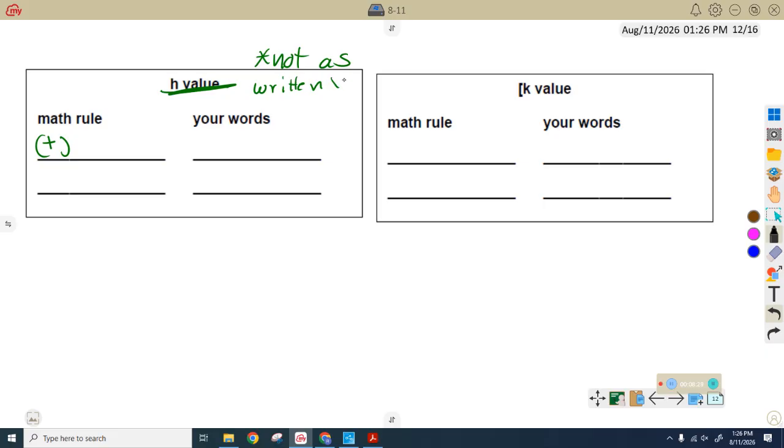I don't know why it is. When the actual value is positive, it goes to the right. Cha-cha, real slow. What about when the value is negative? What goes to the left? Come in.